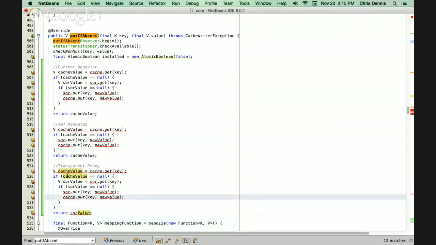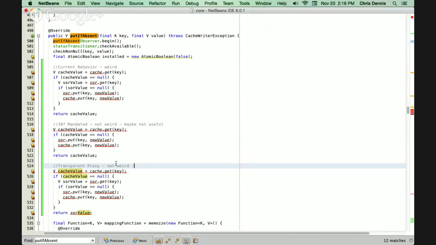And obviously you can live with or without this. It actually doesn't matter. I think that the current behavior is weird. This is not weird, maybe not useful. And this, I think, is not weird and maybe more useful.